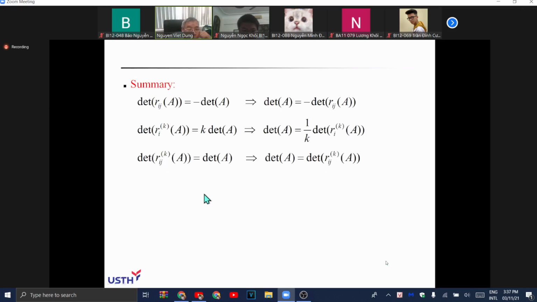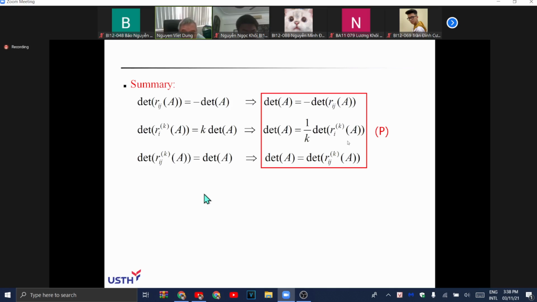So now we summarize it. In the previous slide, we know already that one, then it implies that thing, and I put it in a red box. That is what I summarize.